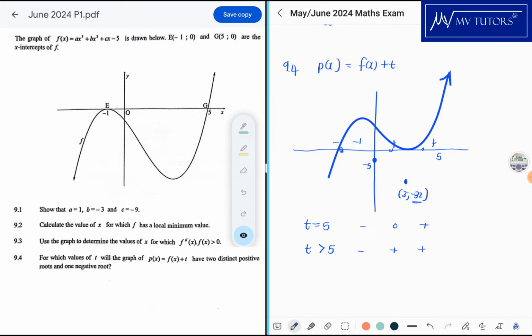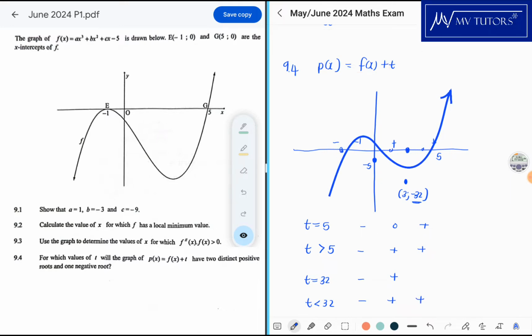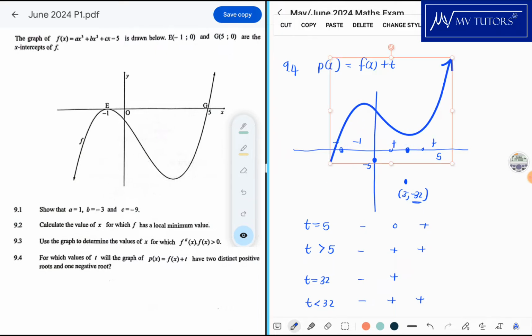But this value here, -32, once we take it 32 units up, when t is equal to 32, we have a negative and a positive. Okay, but if t is smaller than 32, we have a negative, a positive, and a positive. This is t just below 32 units. So you see it has two positives and one negative. If t goes beyond 32, we now have only a negative.